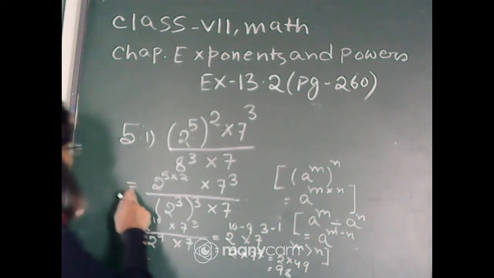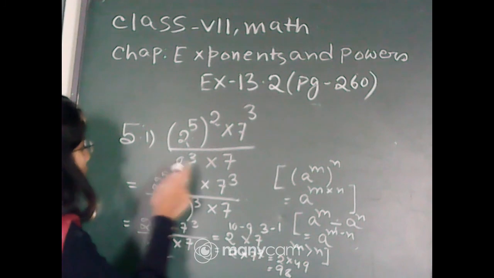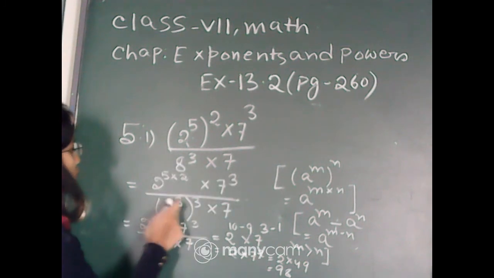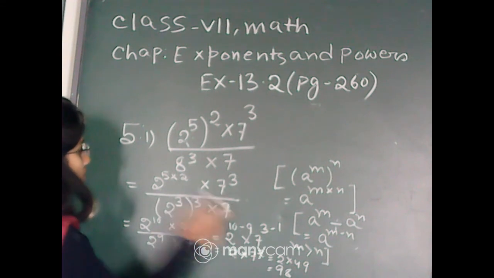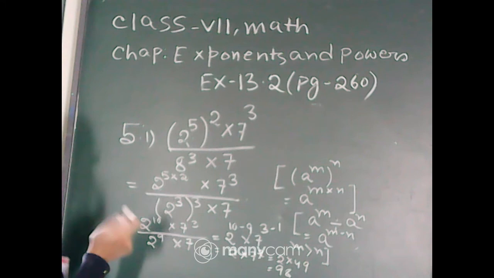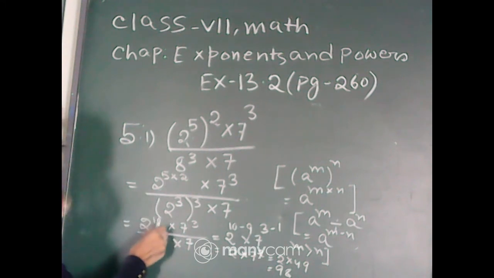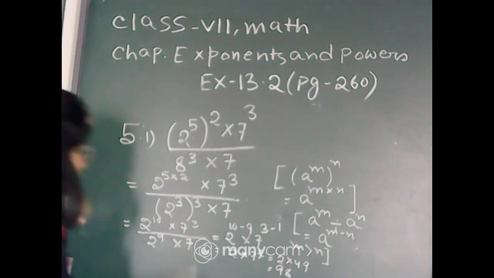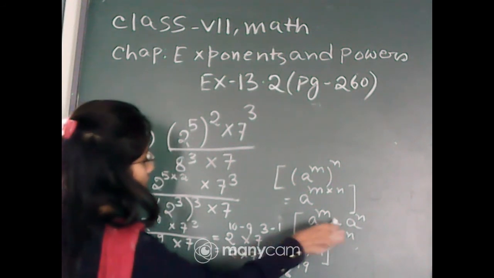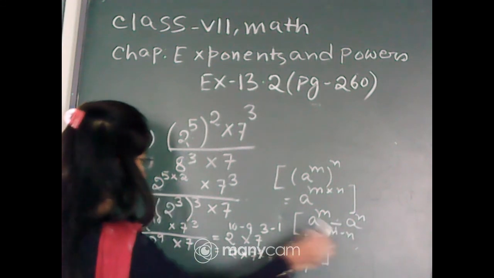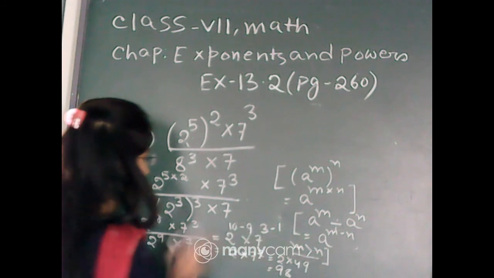So, this is equal to 2 to the power 5 into 2 into 7 cube divided by 2 cube whole to the power 3 into 7. Since we can write 8 as 2 cube, this is equal to 2 to the power 10 into 7 cube divided by 2 to the power 9 into 7. Again, we use the law a to the power m divided by a to the power n is equal to a to the power m minus n, where m greater than n.